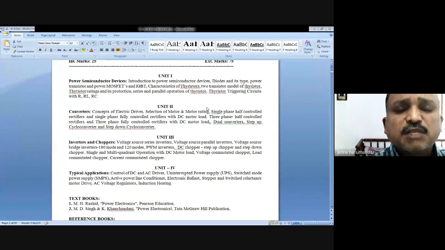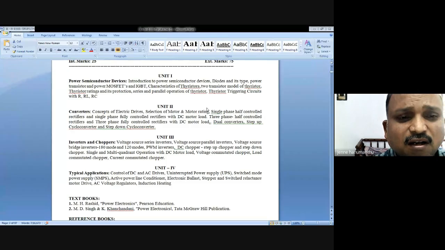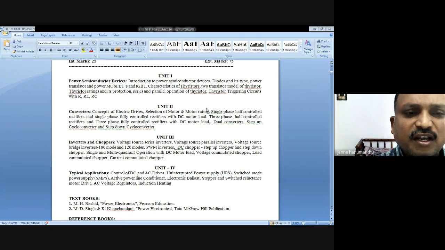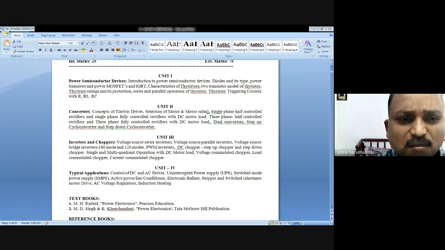See, most of the candidates are not connected regularly, so I think you may not follow my class. If you are regular from the basic classes, you know what is SCR, what is power transistor, MOSFETs, all these blocking modes, what is conduction mode, everything you may know. But if you are irregular to the class, you cannot follow it.